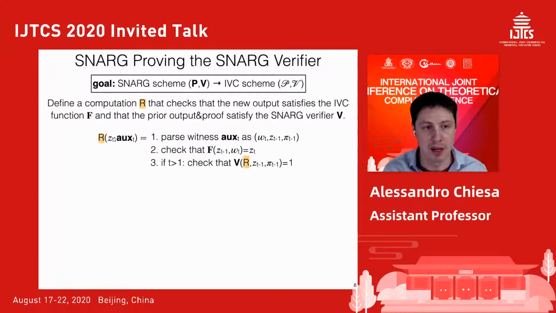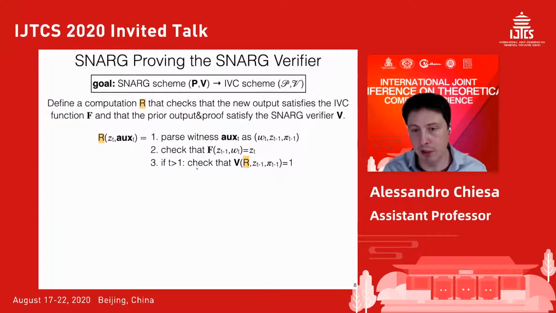So here it is. I define the recursive computation R. It takes as input a new claimed output, ZT, as well as some auxiliary witness. The auxiliary witness contains the prior input and the prior proof, as well as the local witness. And it does the things that we just said it should do. One, it should check the state transition.